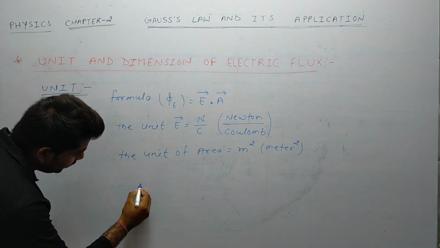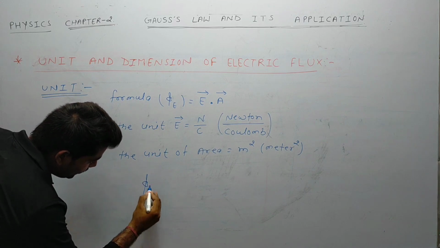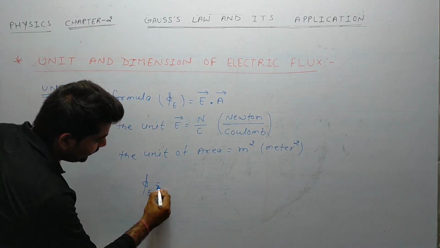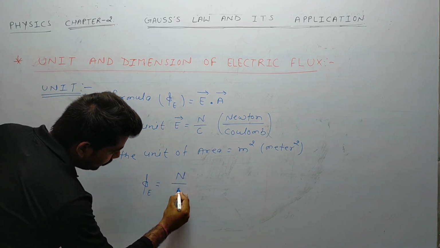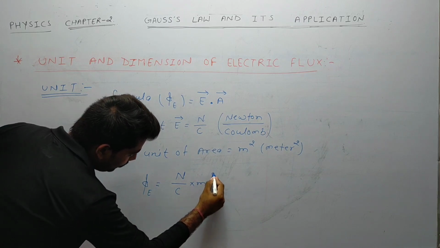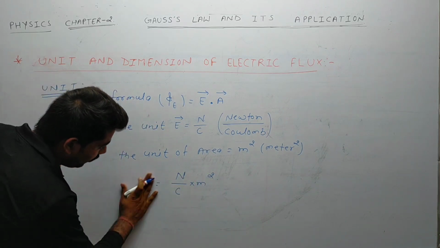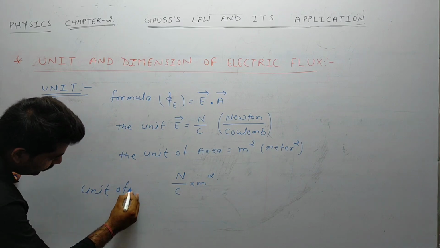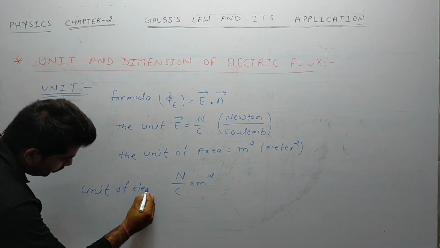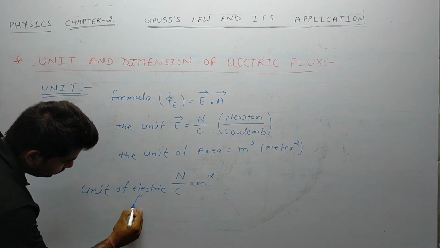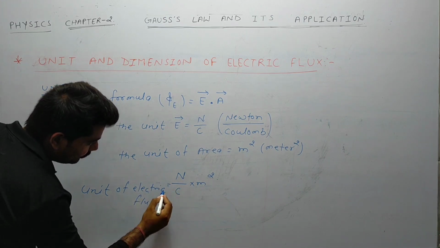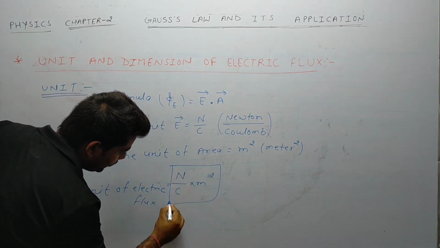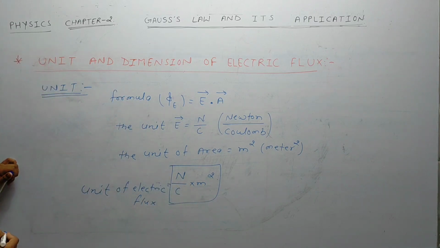So the unit of phi E, meaning electric flux, is Newton per Coulomb into meter square. So the unit of electric flux is equal to Newton meter square per Coulomb.